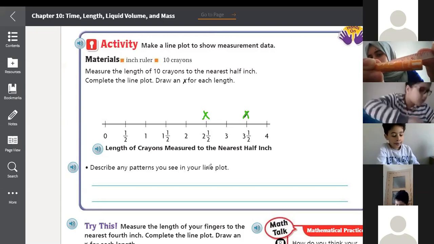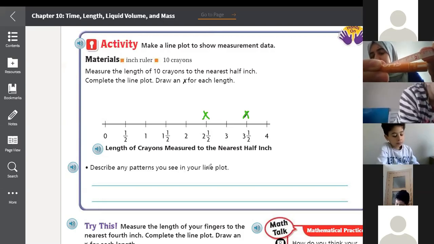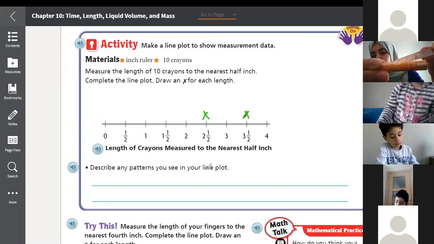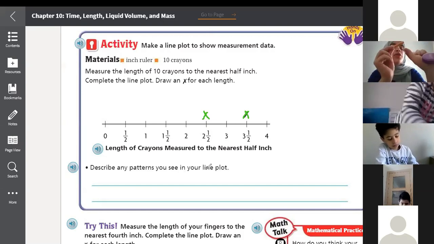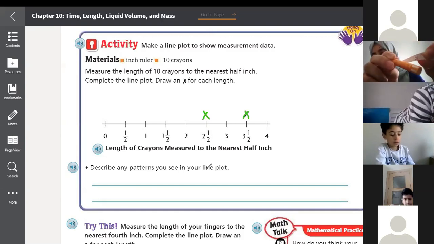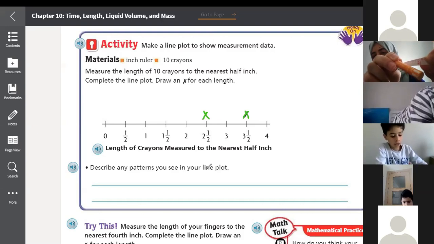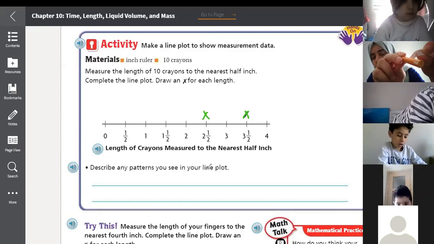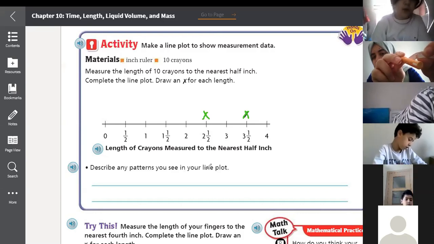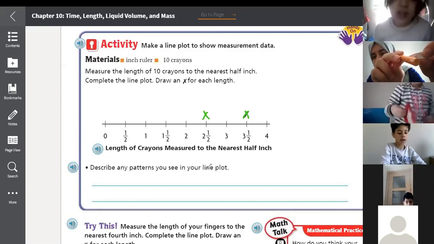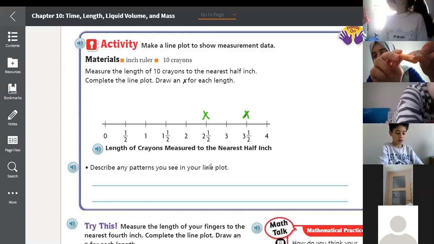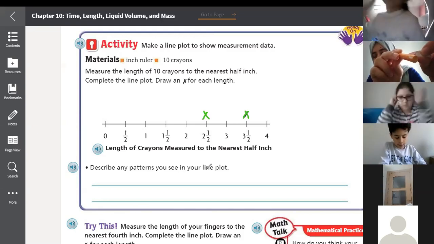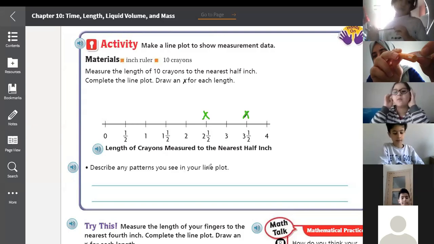And remember, 2 is 8/4. So I have another fourth here that is close to it. So what's after 8/4? 8 plus 1? 9. 9/4.